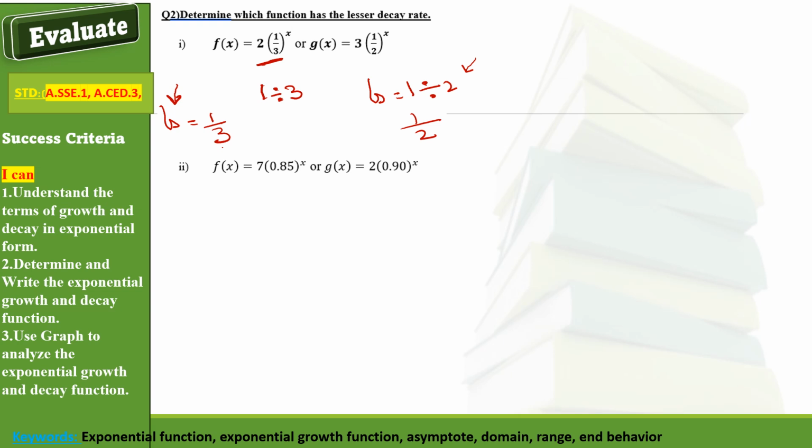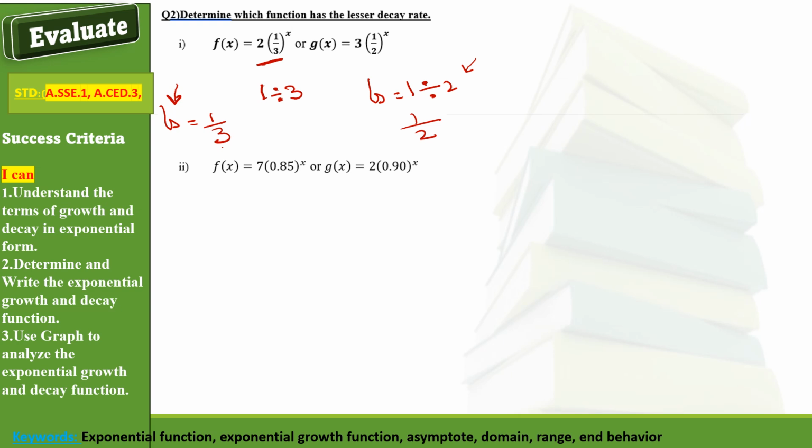So 6 divided by 2, you will get 3, whereas 6 divided by 3, you will get 2. Which has a lesser decay rate? The lesser the value of the denominator, the lesser the decay rate.